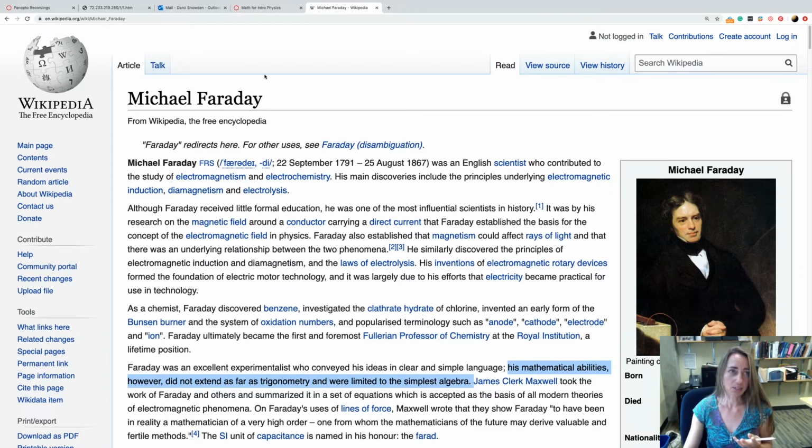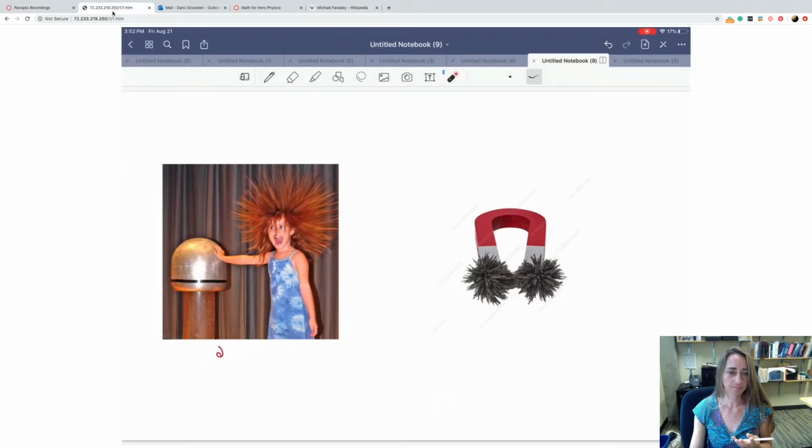And I like this image here because it's actually not that hard to imagine how Michael Faraday might have come up with this concept of a field. In the right kind of situation, right, you can produce ways to visualize what this field might look like.